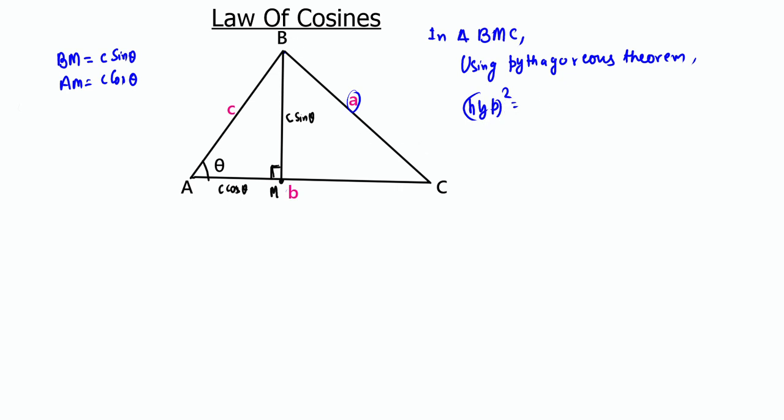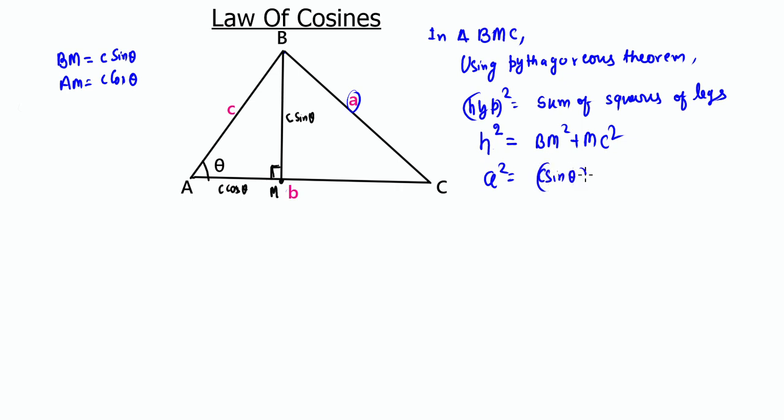So the hypotenuse squared is equal to BM squared plus MC squared, and this hypotenuse is a. So a squared is BM, which is c sine theta, squared, plus MC, which is AC minus AM. AC is b.